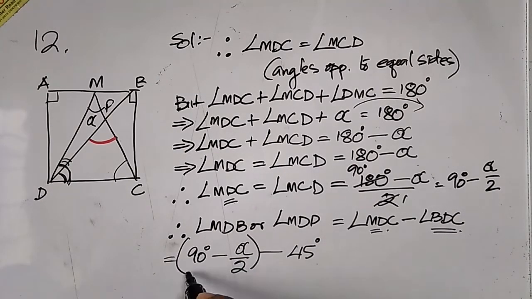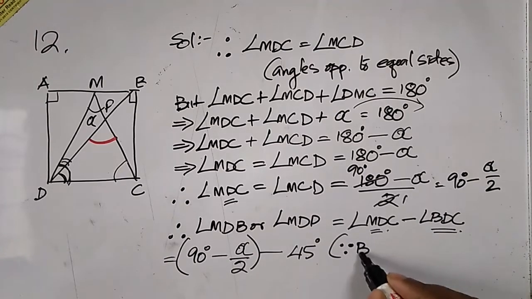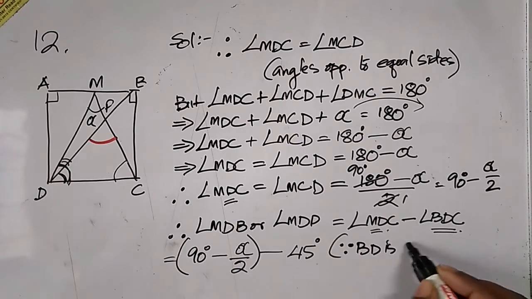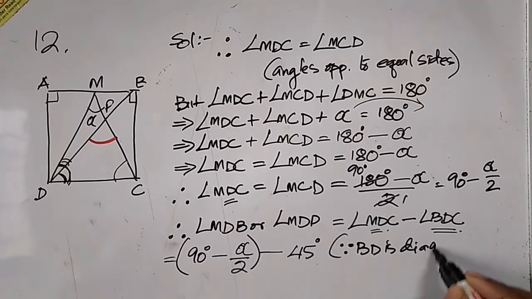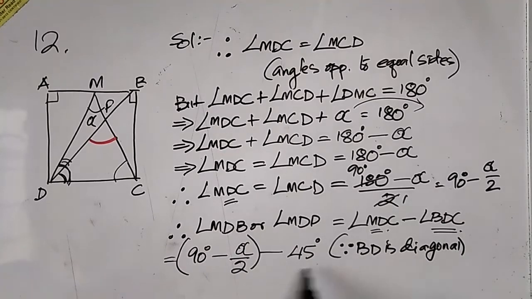Okay, we'll just keep this inside the braces. We can also write the reason here, that is BD is a diagonal. That is the reason why we write it as 45 degrees. It's half of the whole angle.